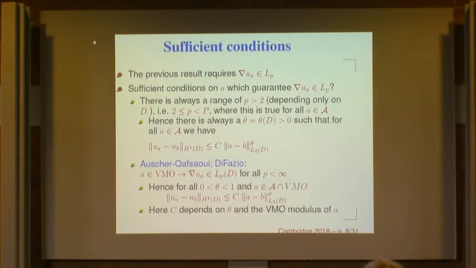For one thing, it's known that there's always a range of p bigger than 2, with no other conditions on A, just that it's in L infinity. Back to what our general setting was, there will always be a range of p between 2 and capital P. This capital P will depend on the Lipschitz domain, and the results are obtained by looking at perturbations of the Laplacian.